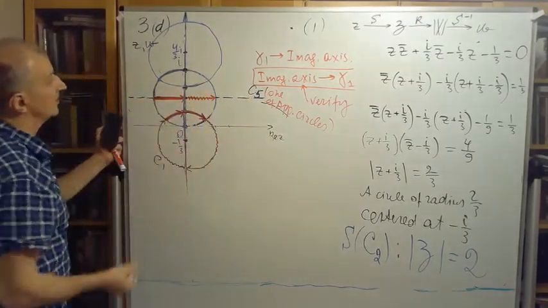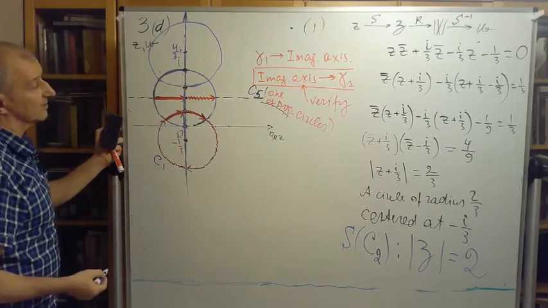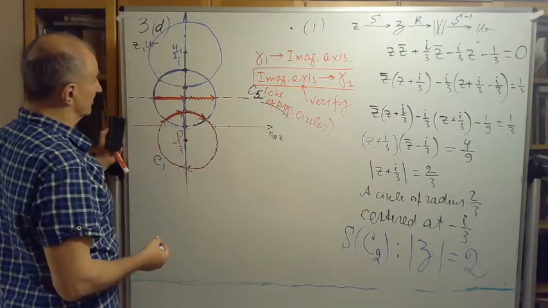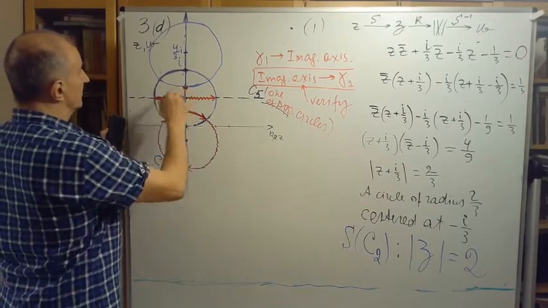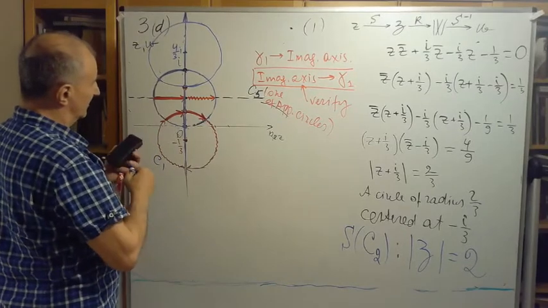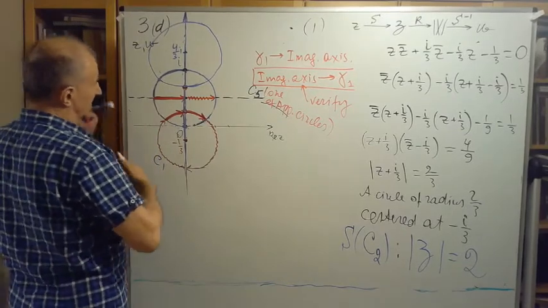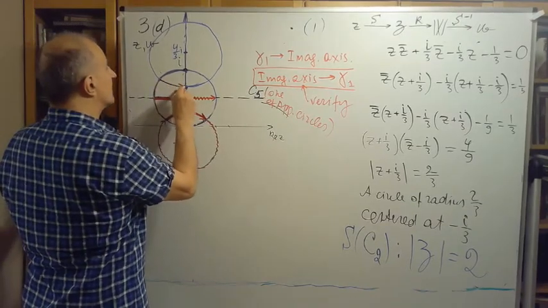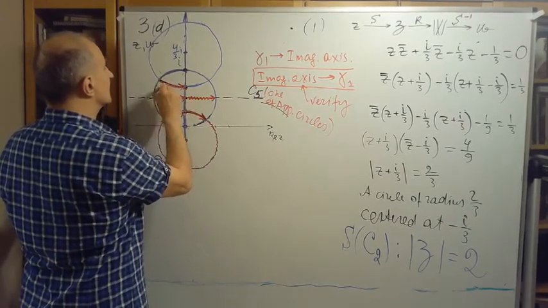And when you do this in your notebooks, on your paper, please use drawing instrument, use a compass. So here it is. What do you think will happen? How rotation will go? It will go from gamma 1 to the imaginary axis like this.